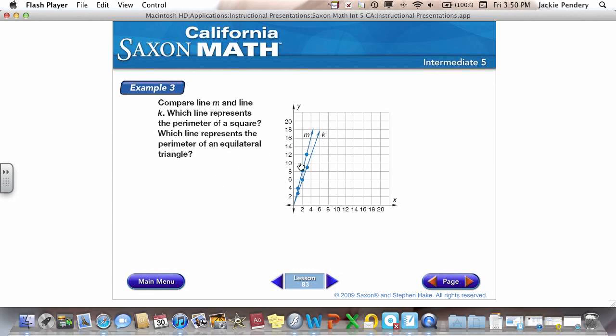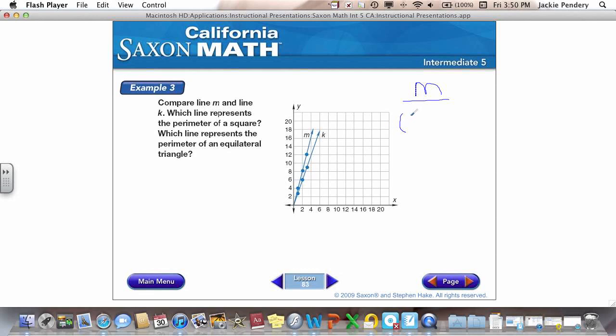So the first thing we're going to do is make a function table showing our ordered pairs. I'm going to start with line M. My first ordered pair is on the x-axis between 0 and 2, so it's at 1, and right on the line for 4.